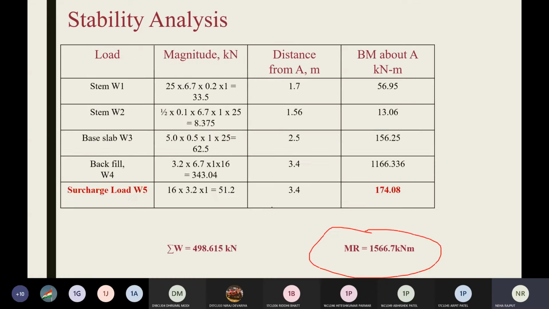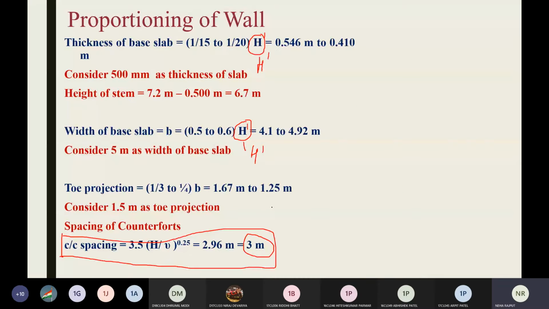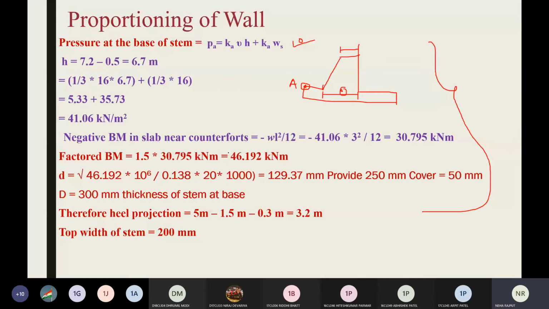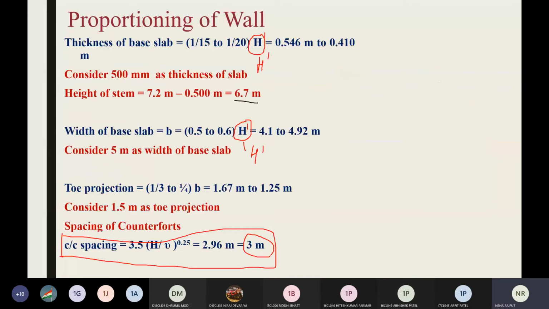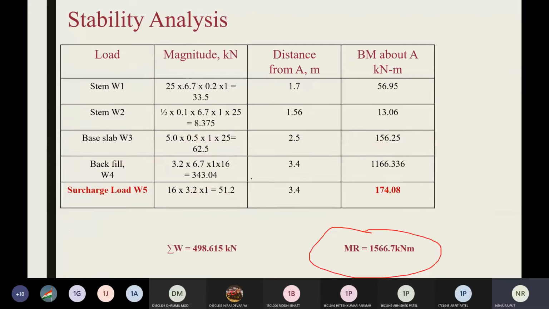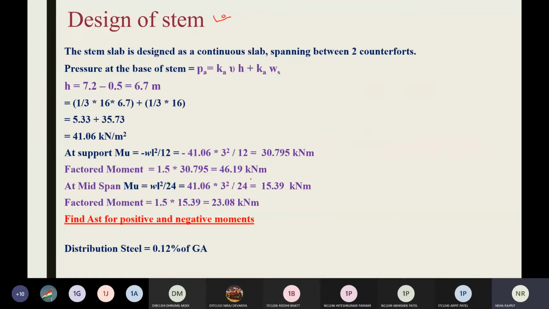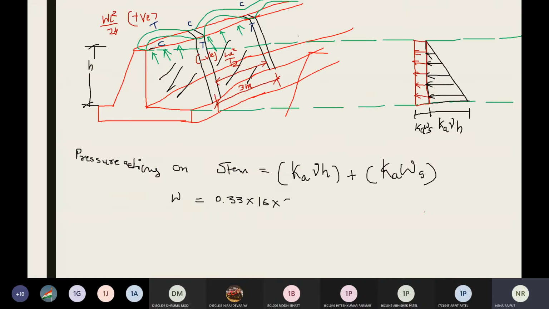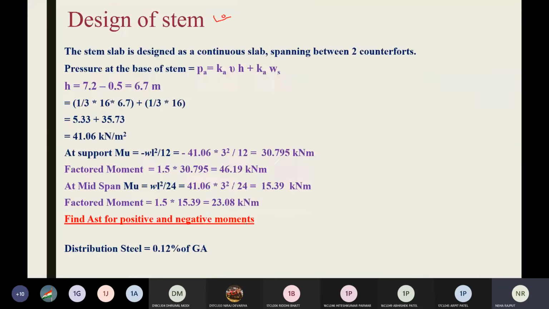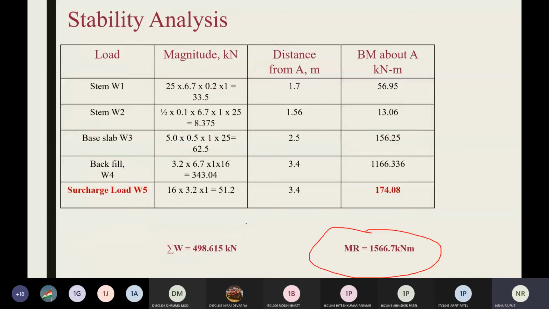The height of the stem you will get in proportioning. Yes, the height of the stem is 6.7 meter. Plus 0.33 into Ws, that is surcharge load.